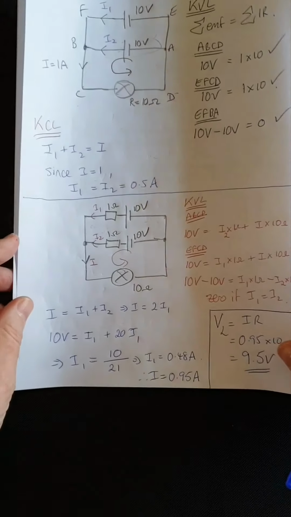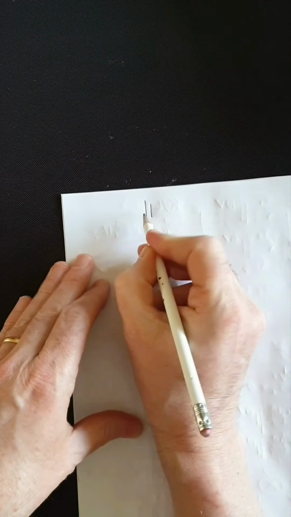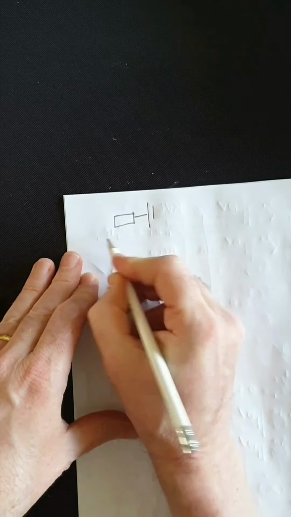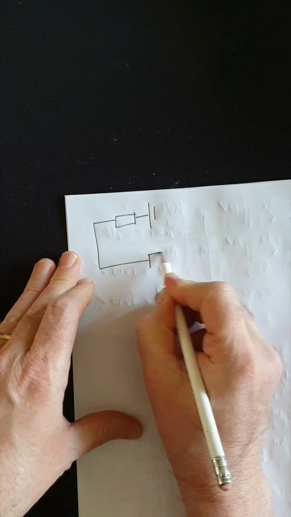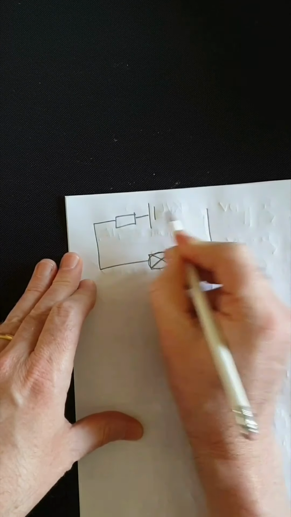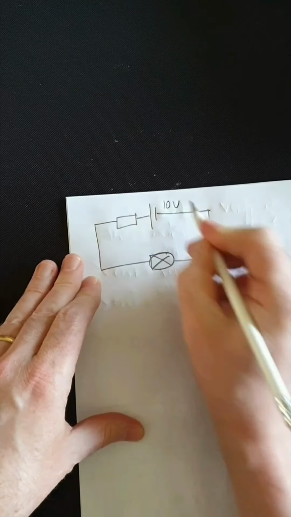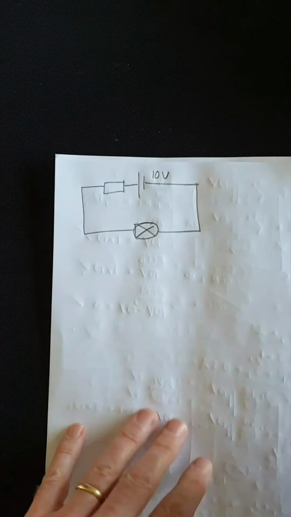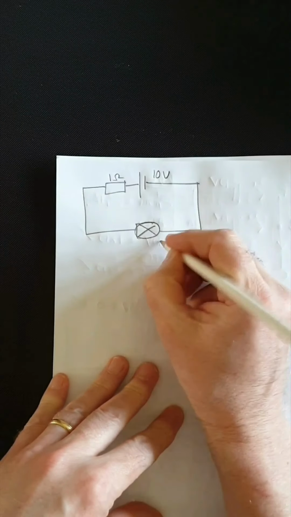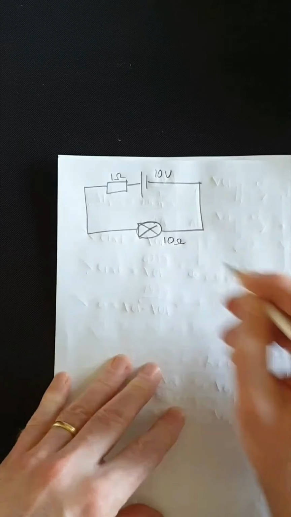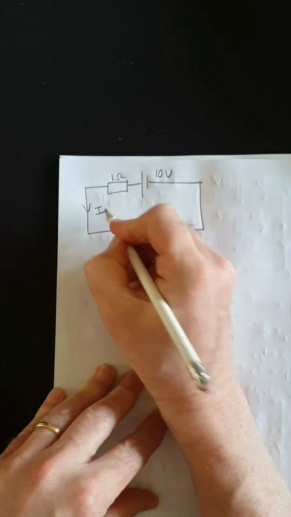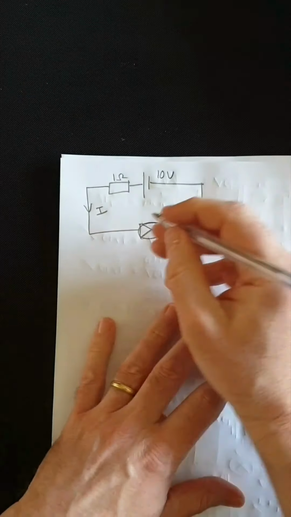Right. Now we need to just compare this to what would the situation be like if I only had one cell. So here I have my lamp and one cell. Again, it's providing an EMF of 10 volts. Our resistance, I said, was 1 ohm, and this is 10 ohms. So a lot easier to analyze.